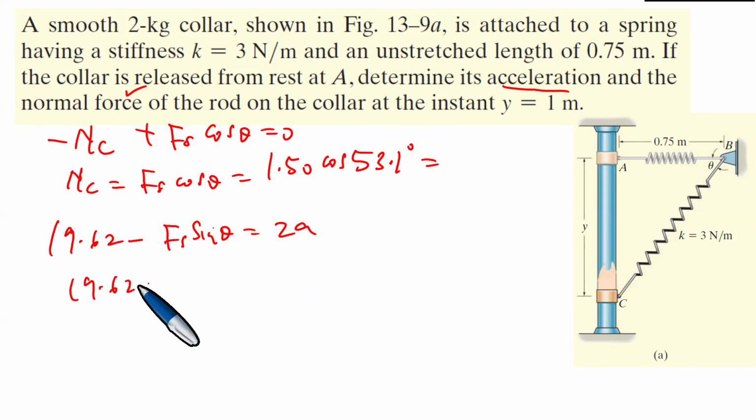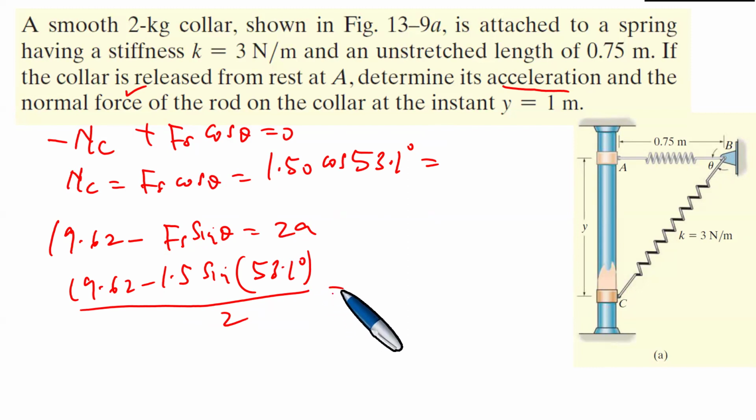Fs, the spring force, is 1.5. The angle theta is 53.1. We need the acceleration, so we can just divide by 2, and then we're going to get the acceleration.